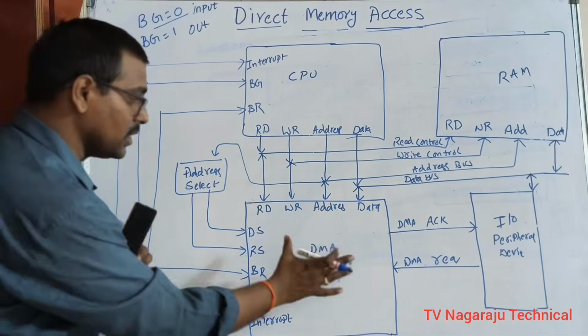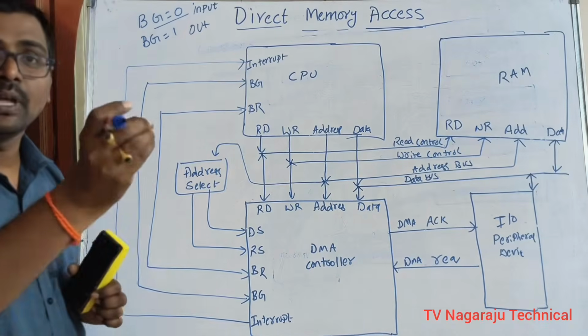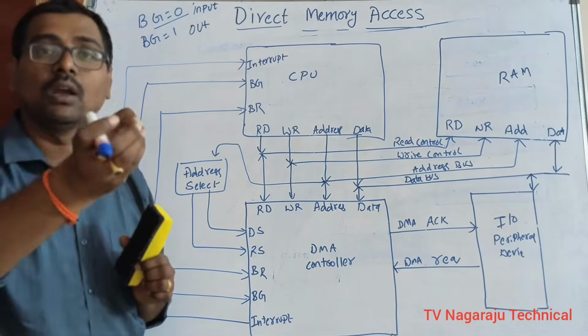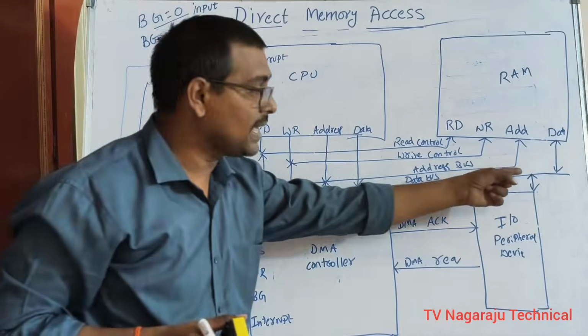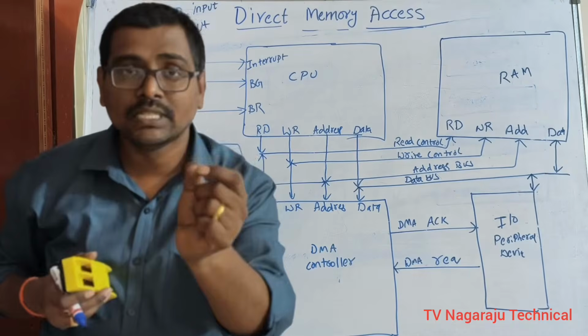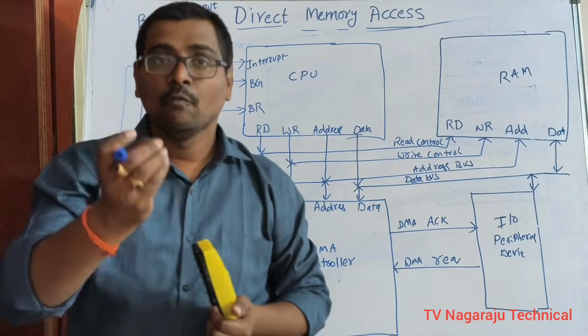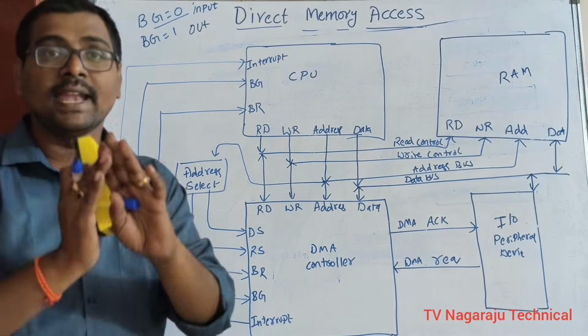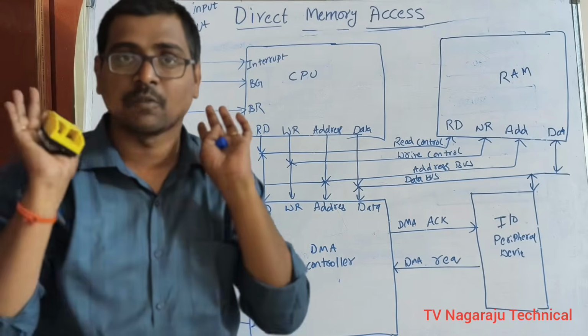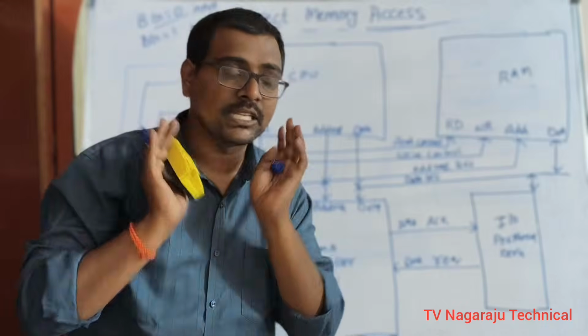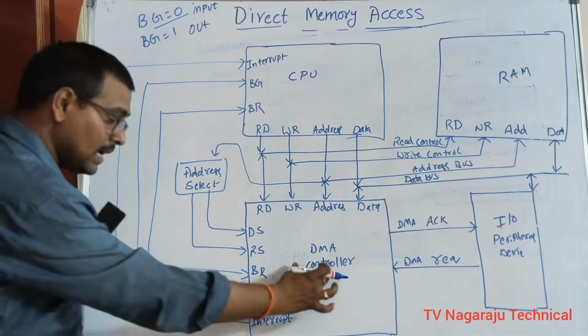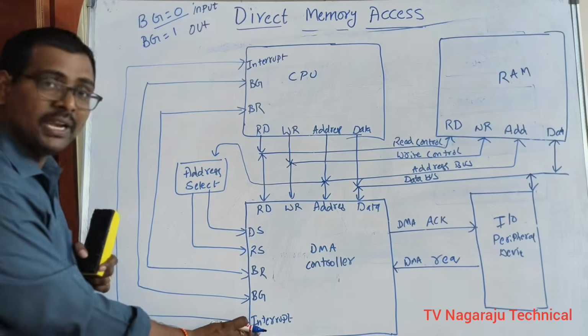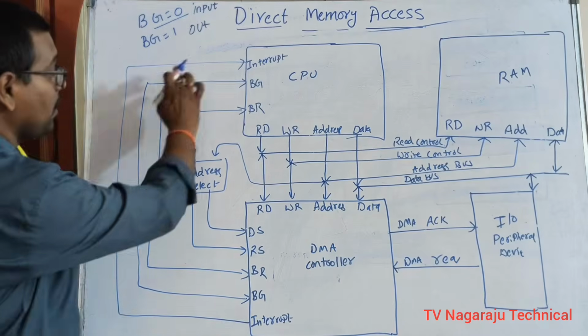In that situation, the DMA controller continuously checks the word count register. For each transfer, the word count value is decremented by 1. Whenever the word count value is equal to 0, it means the entire transfer operation is performed. Once the entire transfer operation is performed, the DMA controller initiates an interrupt signal to the CPU.